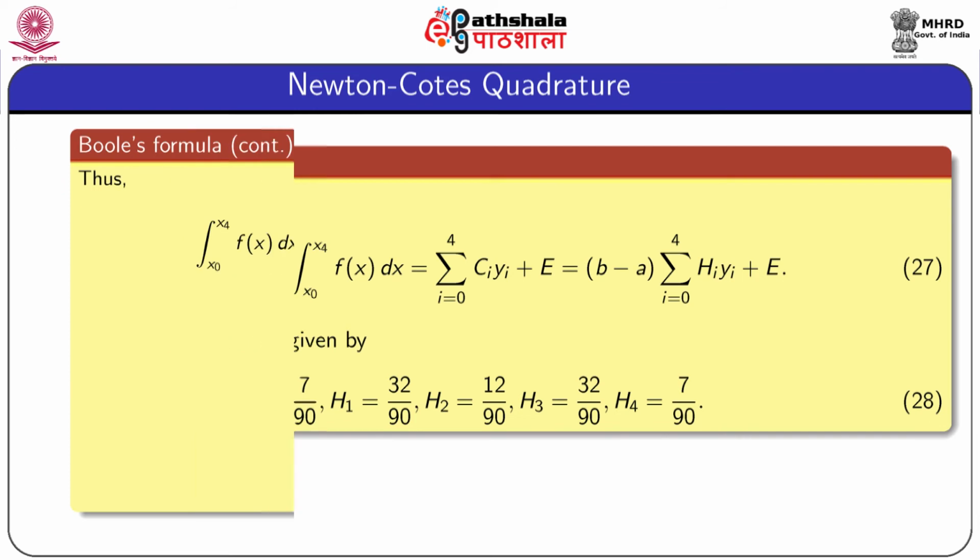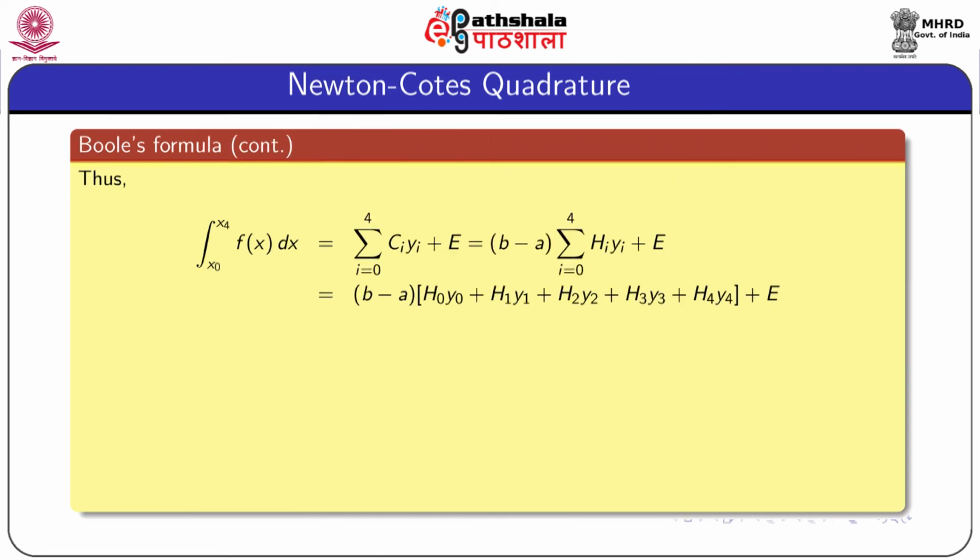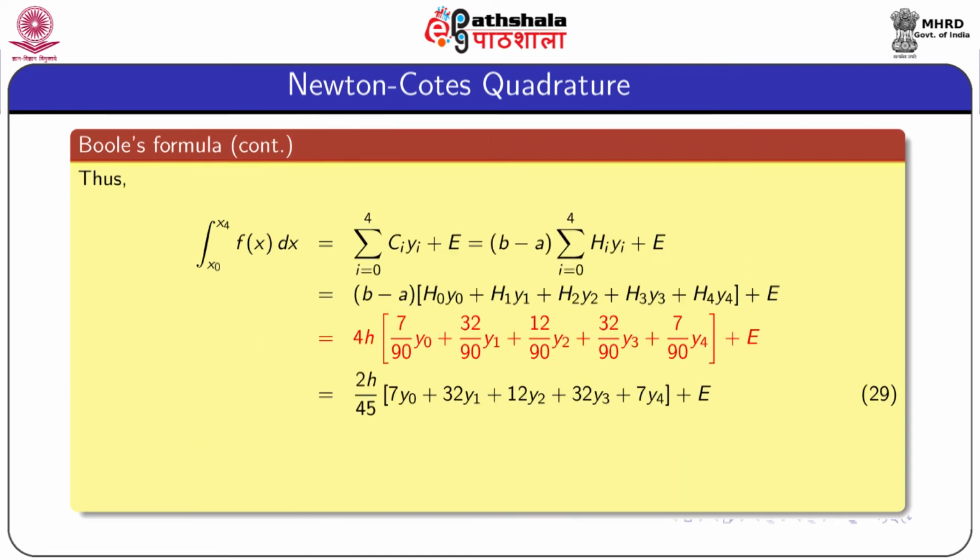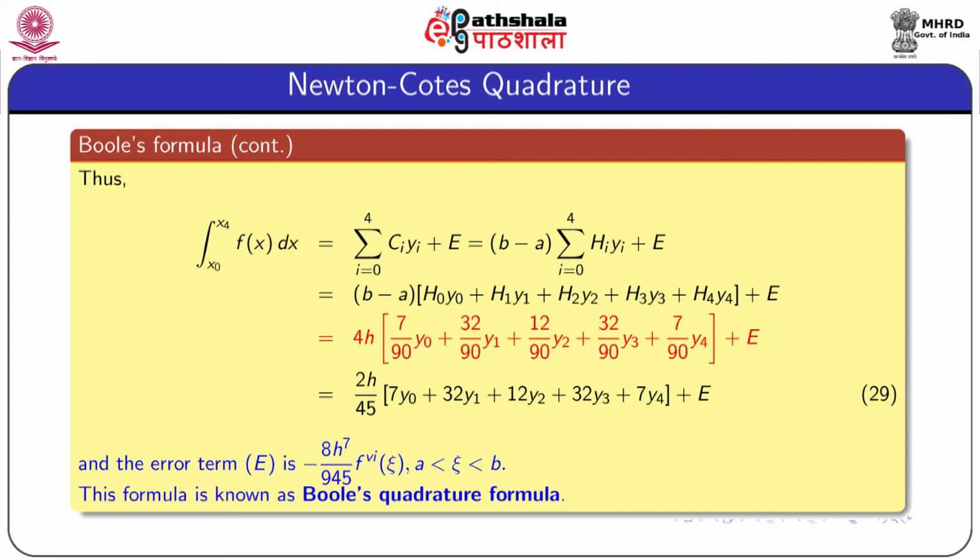So, using these values, the formula finally reduces to this one obtained by equation number 29: 2h by 45 into (7y0 plus 32y1 plus 12y2 plus 32y3 plus 7y4) plus e. The error term of this formula is minus 8 into h to the power 7 by 945 into 6th derivative of f at xi, where xi lies between a and b. This formula is known as Boole's quadrature formula.